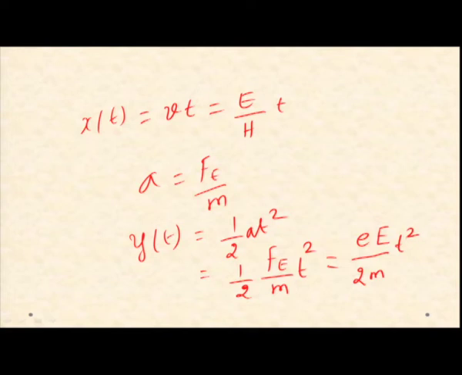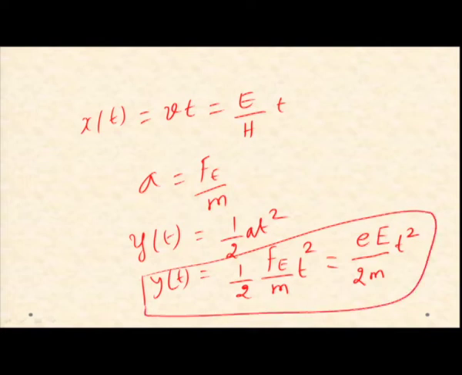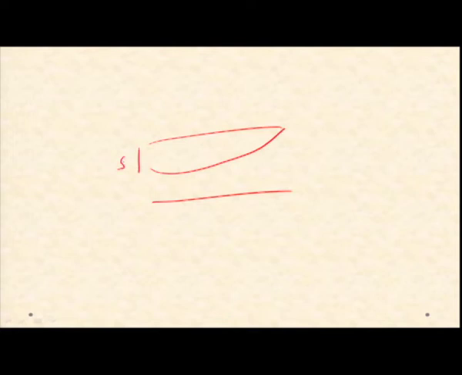Now this is the y position when the electric field is switched off. Now we are going to switch on the electric field. Once that electric field is switched on, the electron will hit the positive plate. So this is the distance S.